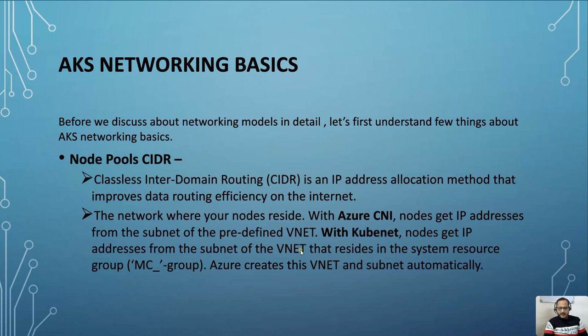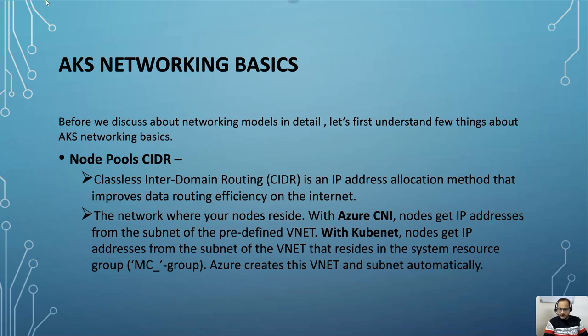I would say don't get too confused about this particular line. We will see it in a much clearer way in coming slides with the help of diagrams, so you will get more clarity. For the time being, just understand that with Azure CNI the node gets its IP address from the subnet, created either by you or by Microsoft.